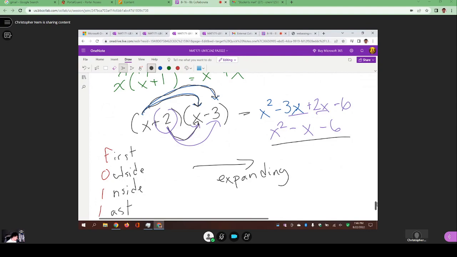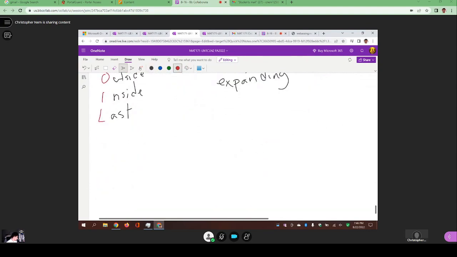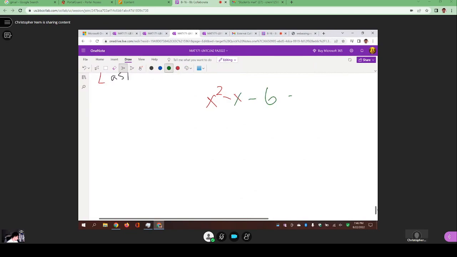If I go in the other direction, let's say I have the same problem, x squared minus x minus 6, this direction is called factoring.